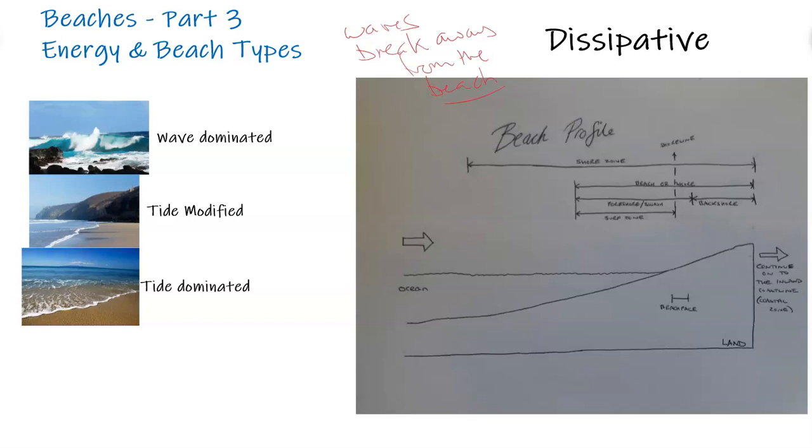So in this diagram, the breakers are going to basically break, and the surf zone is going to be further out over here. And the energy provided by the varying wave heights, depending on whether it's wave or tide generated, is going to dissipate along the open coastline further away from the beach.